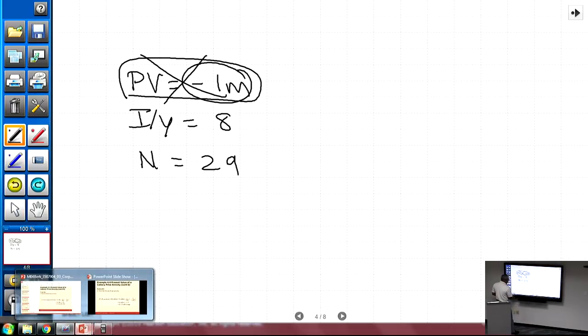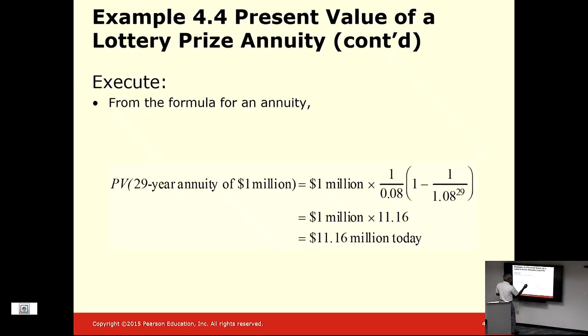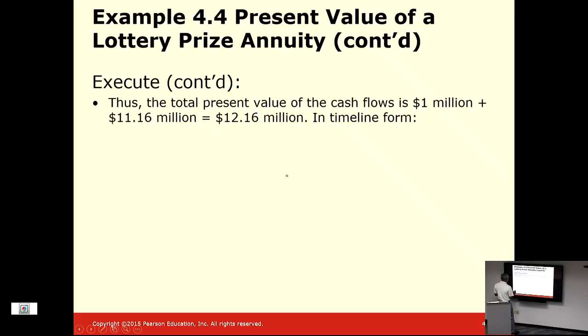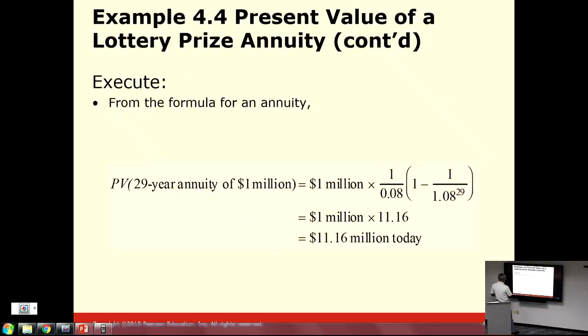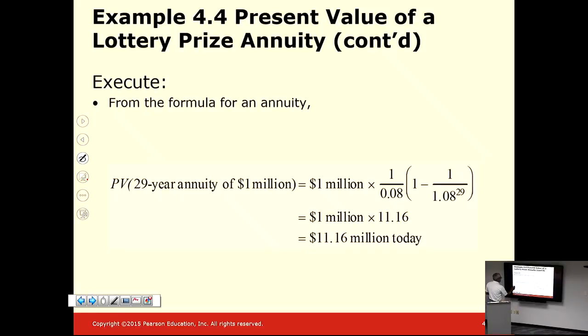I have over here an annuity of 29 years. So this 1 million does not represent my present value.